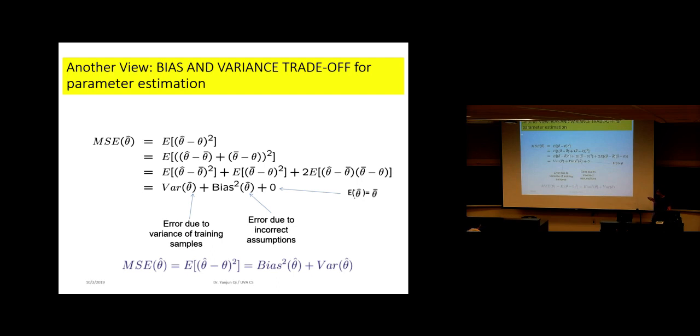And the whole error in the model parameters can also be decomposed into the variance on the parameter and also the bias on the parameter. So this is in terms of parameters, with a little bit of Bayes flavor there. So this is another view of the bias and variance trade-off. This is not from the error angle, but from the parameter estimation angle.